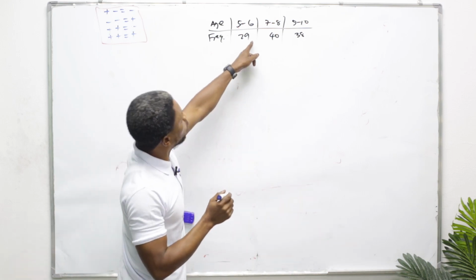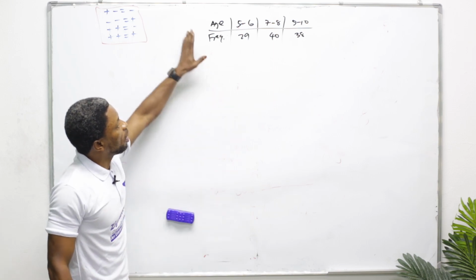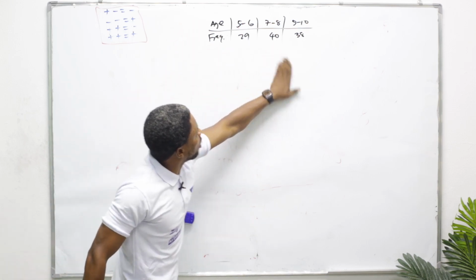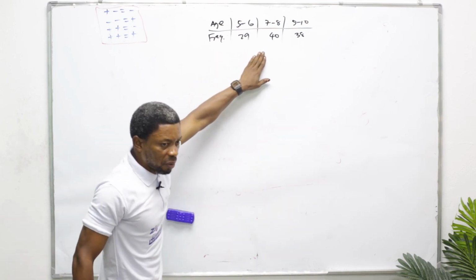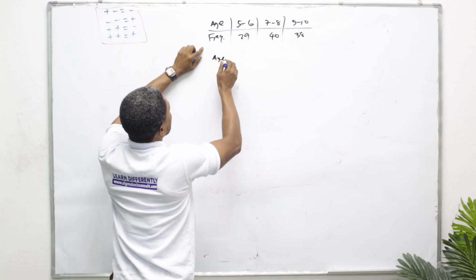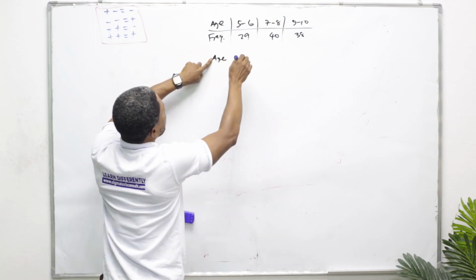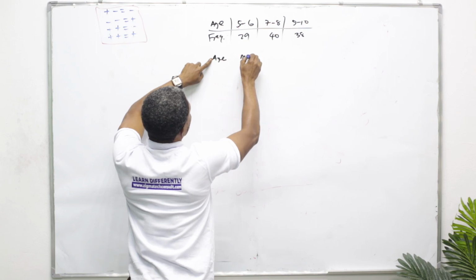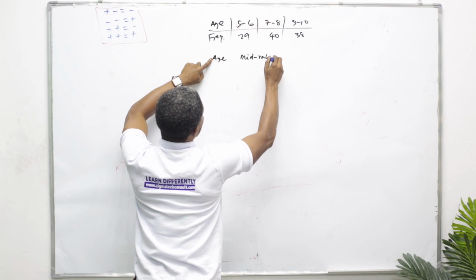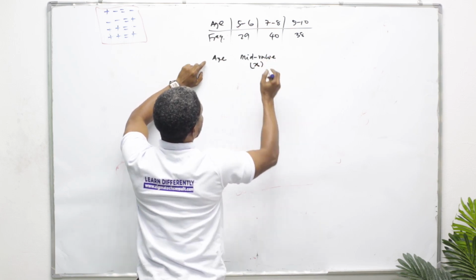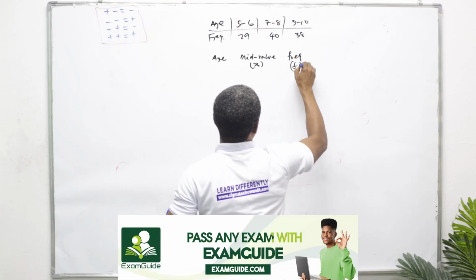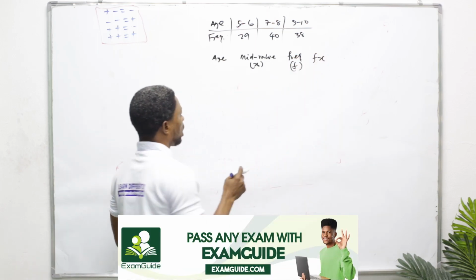Okay, this is a group data. For a group data, you can't just leave it like this and get your mean. I need to form another table. This is my age. The next thing is I will use mid value, and that mid value should represent my x. And then this is my frequency f. Here is fx, which is f times x.